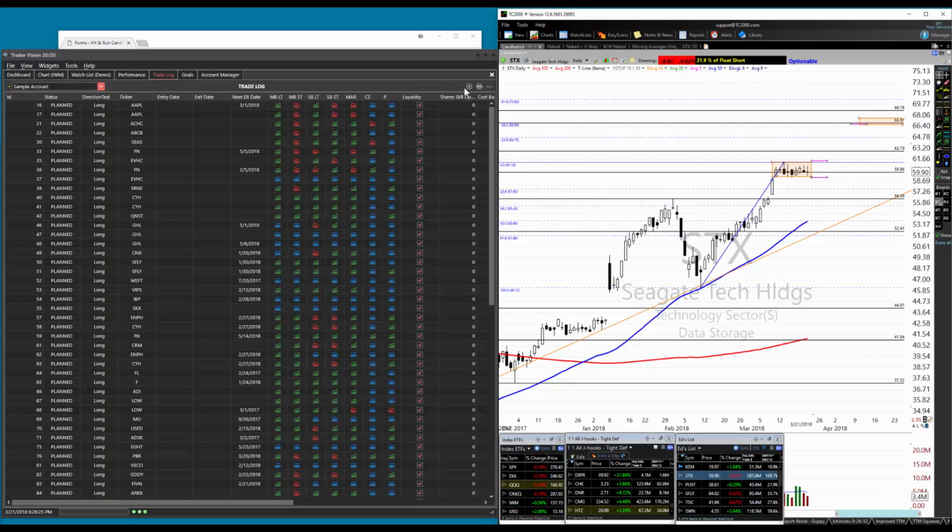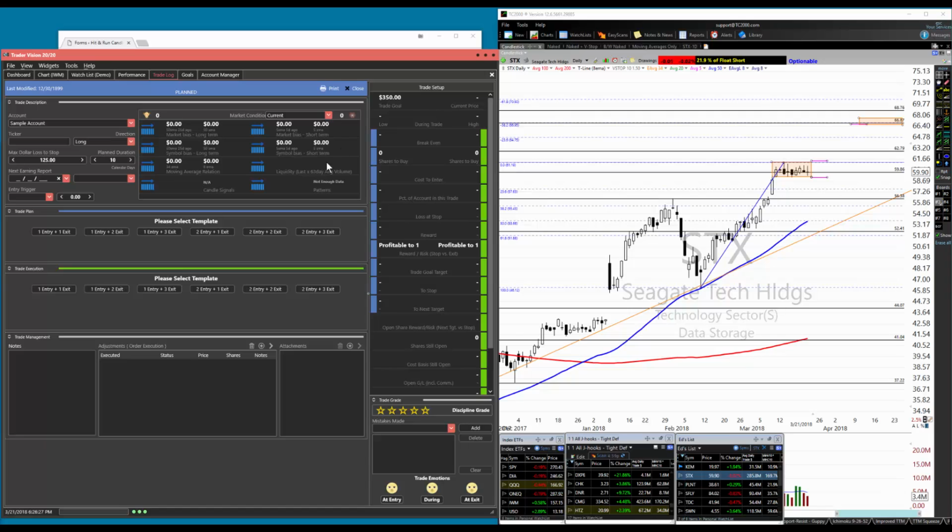Let's see what that would plan out for us. Okay, STX. They were late. The last one I have is July 25th on this one, so I would have to look that up at another source. I'm not going to do that right now, but that should be part of your process.